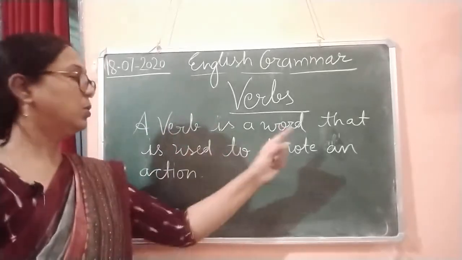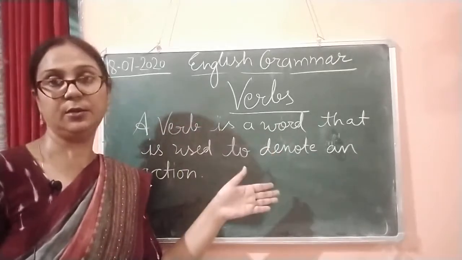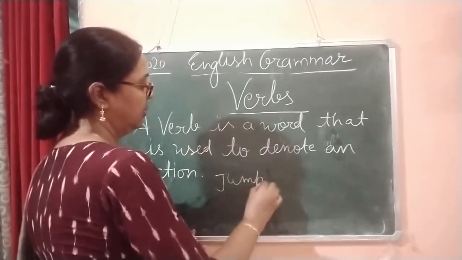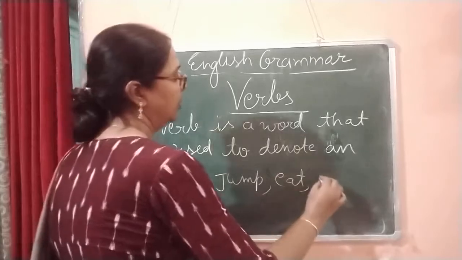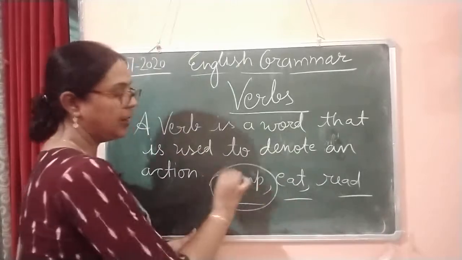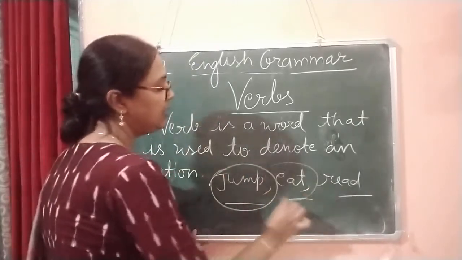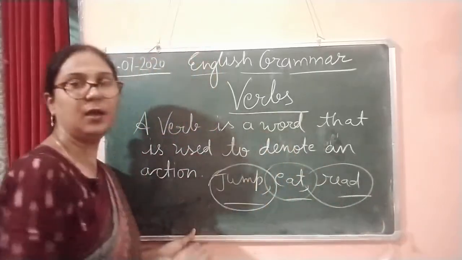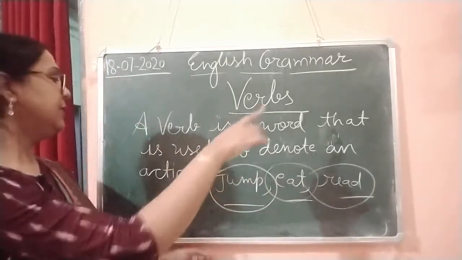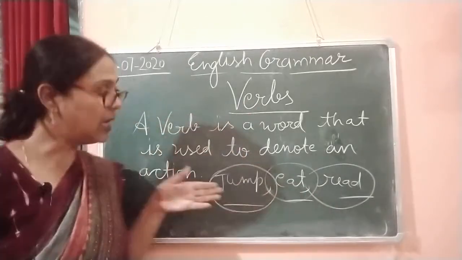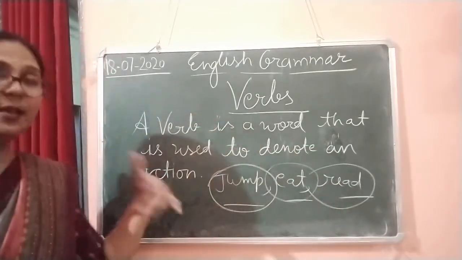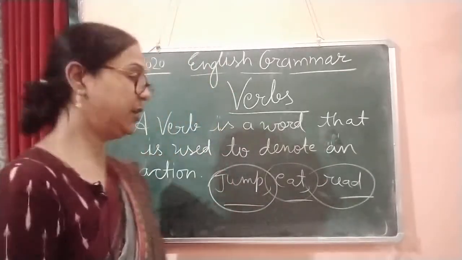For example, jump, eat, read. Here you can see jump is an action, eat is an action, and read is also an action. So a verb is a word that is used to denote an action. These are all action words.